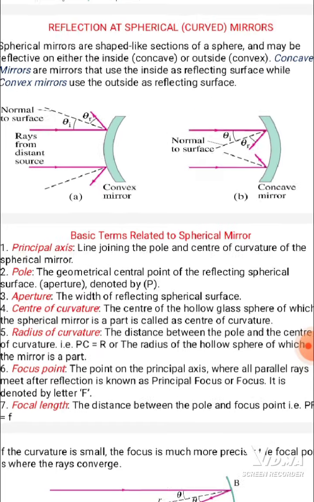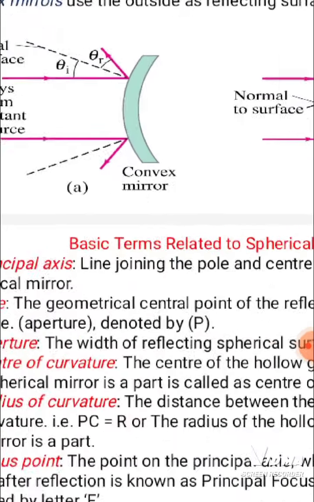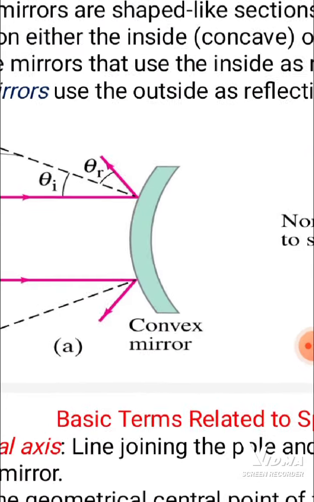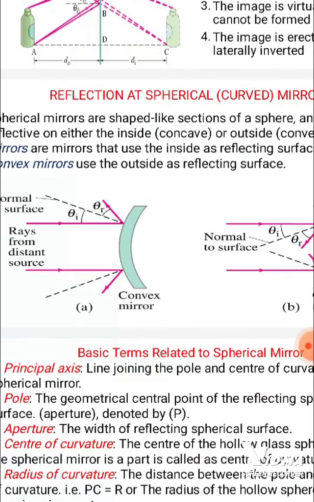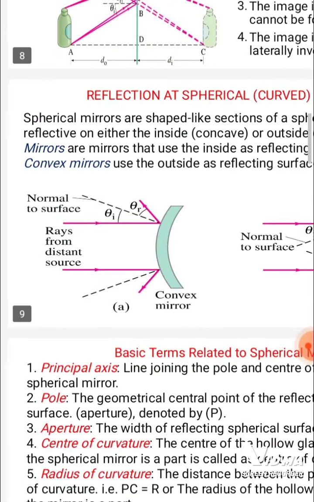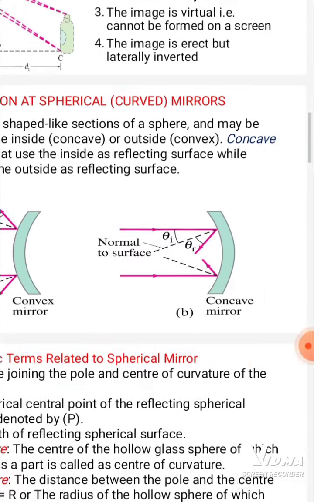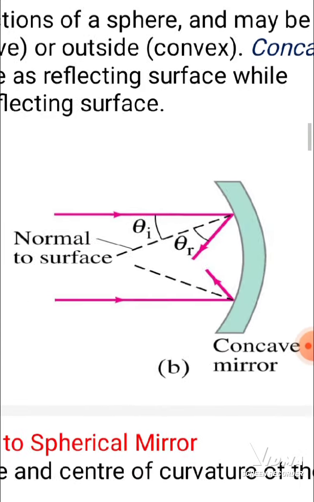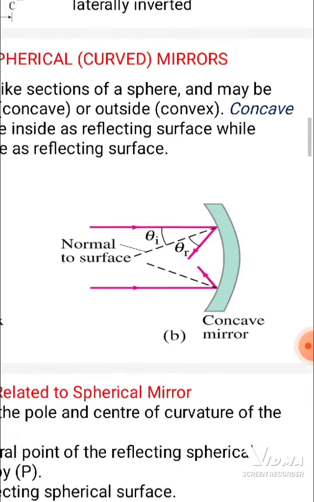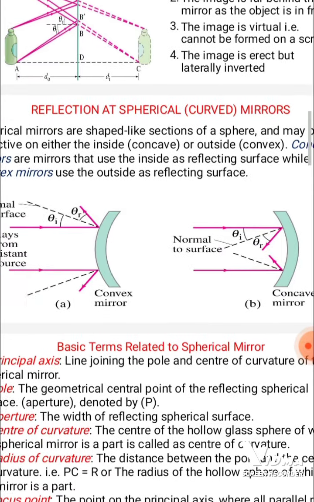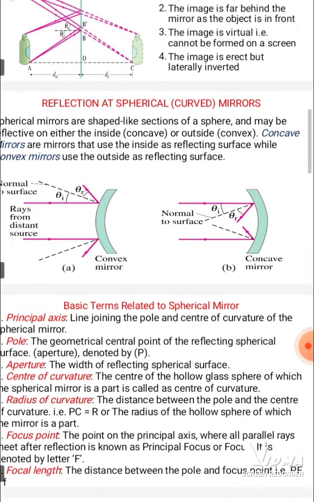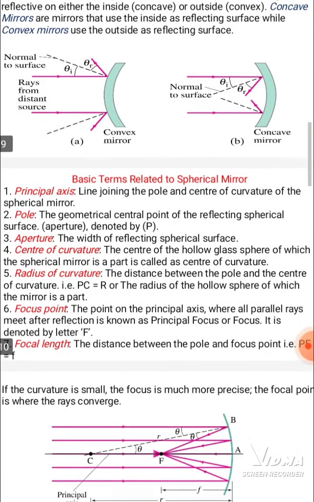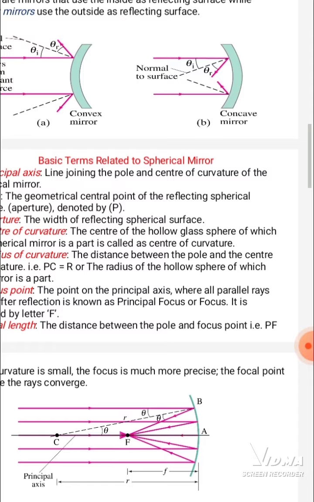As you can see, the outside is where the reflecting surface is. And in the case of the concave mirror, the reflecting surface is inside and not outside like that of the convex mirror.